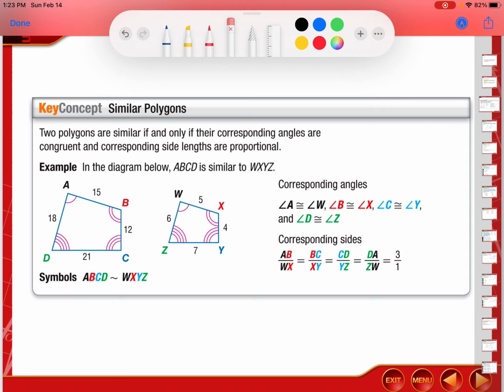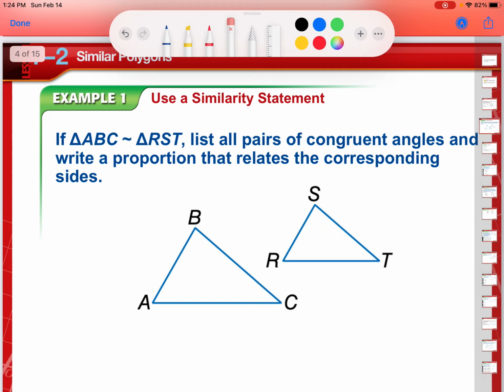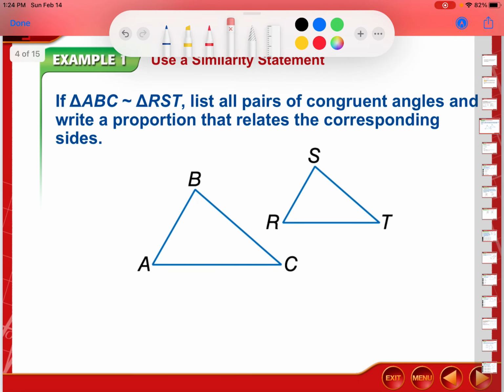Just like I told you guys when we wrote congruent statements back in chapter 4 when we were dealing with congruent triangles. So it's kind of a handy trick to have in your book. Not necessary, but it is a handy trick to know. So, if triangle ABC is similar to RST, list all pairs of congruent angles and write a proportion that relates the corresponding sides.